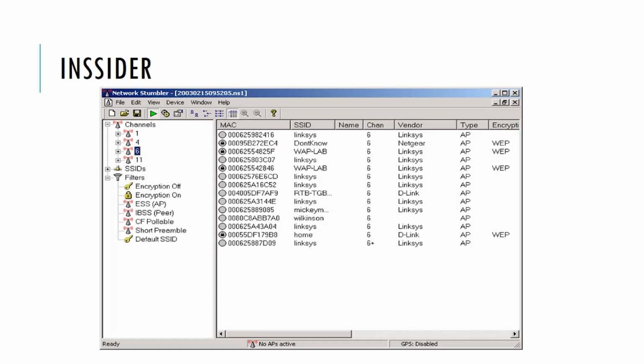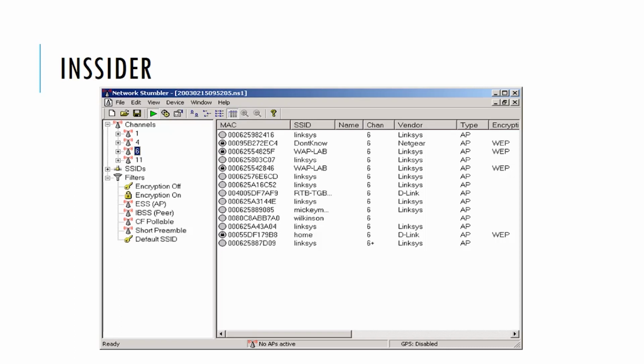This is a sample of the output of the Insider software. Now you can see the MAC address of the access point, the SSID, the service set identifier of the network it is running, the name of the access point, the channel used, the vendor, meaning the company that has produced this access point, the type, AP for access point, and the encryption, whether it is WEP or another algorithm.